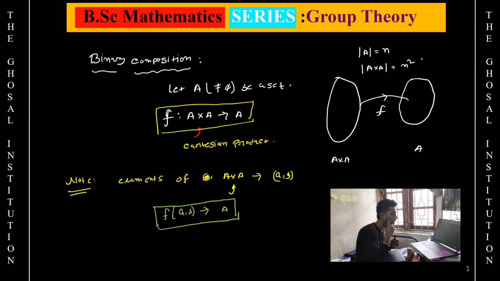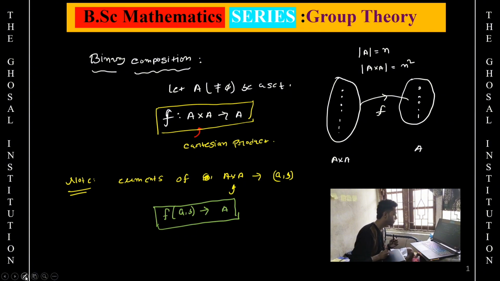For example, if set A has 3 elements, then the cardinality of A cross A is 9. So here you have n square elements, 1, 2, 3, 4 up to n square, and here you have n elements.